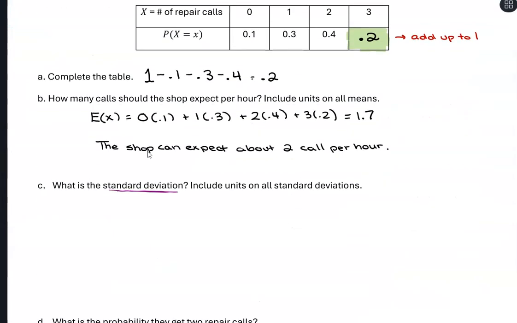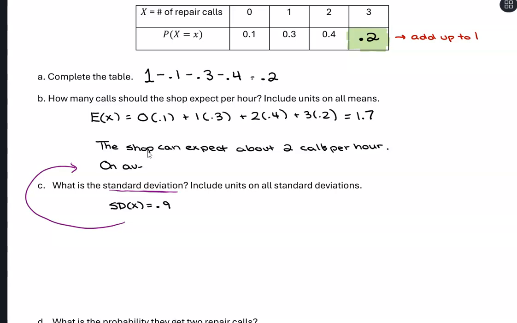Standard deviation is coming up to 0.9, which means I'm going to go back and add to my sentence. It's just nice to put mean and standard deviation together. So the shop can expect about 2 calls per hour.